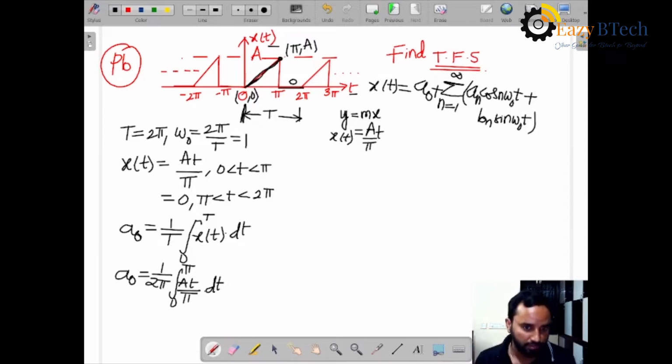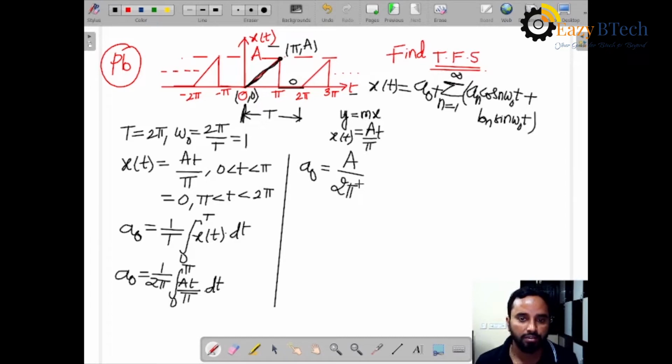So now we can do this integration and we get a naught. Now a naught is equal to A by 2 pi square, and the integration of t is t square by 2, with limits from 0 to pi. Just substitute the upper and lower limits.